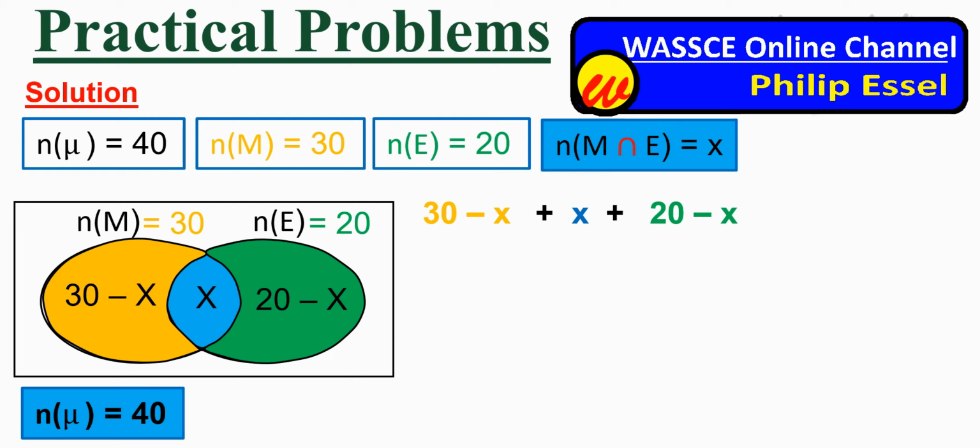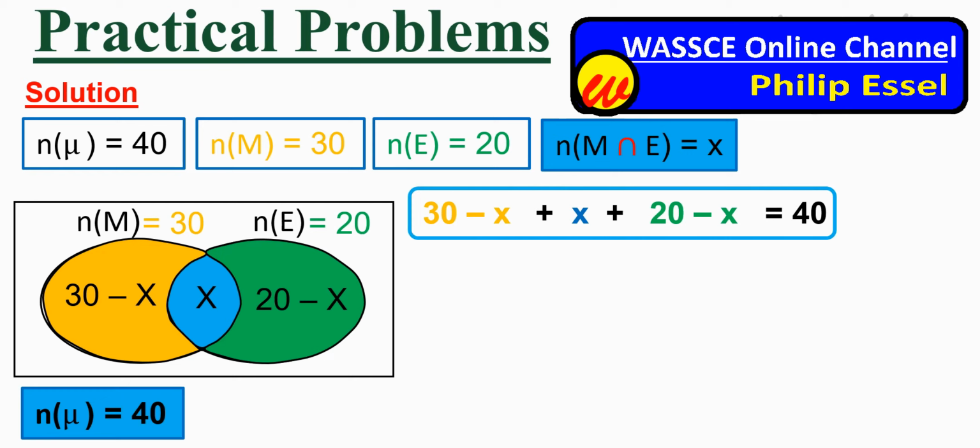So adding the various groups together, orange, blue and green together, would have to give us the total number of students in that class. So what it means is that we can equate this value to the total number of students in the class, which is 40.